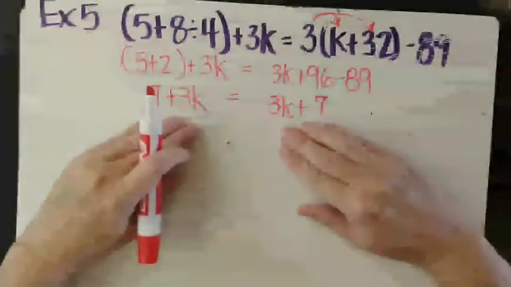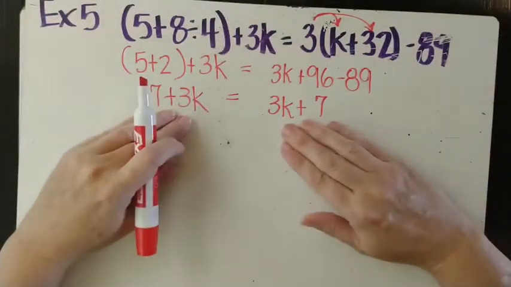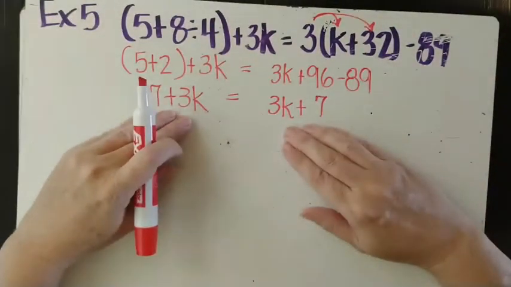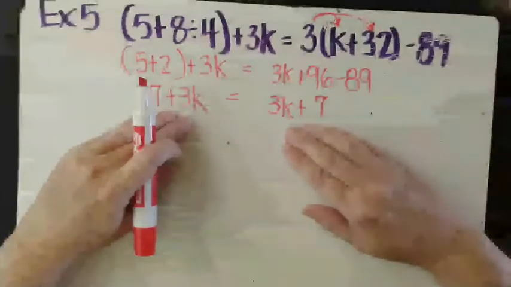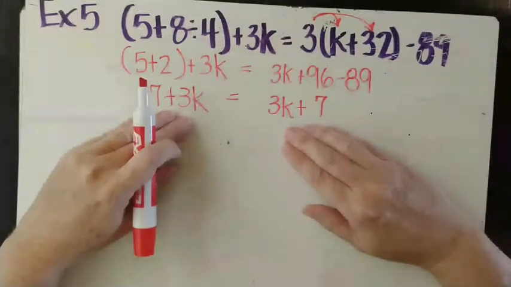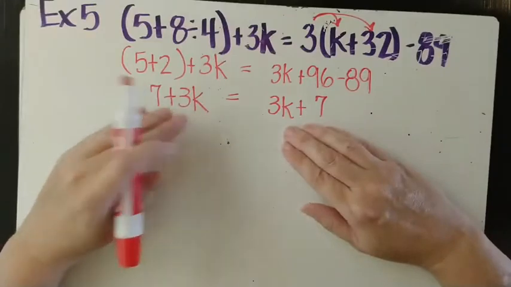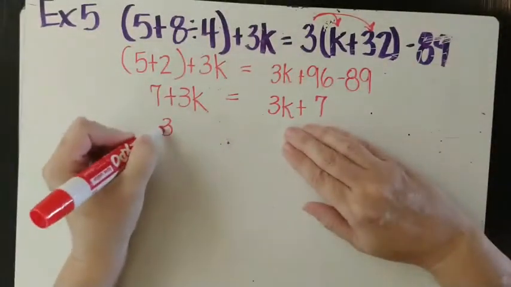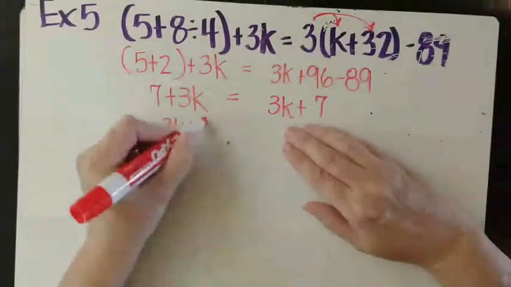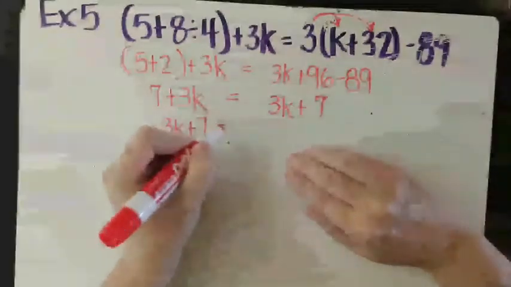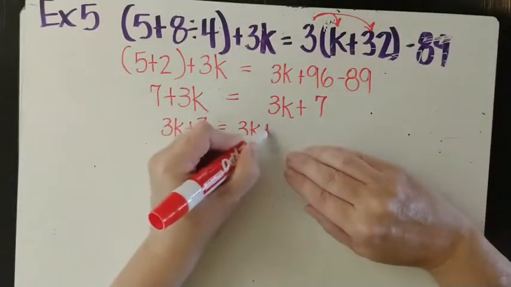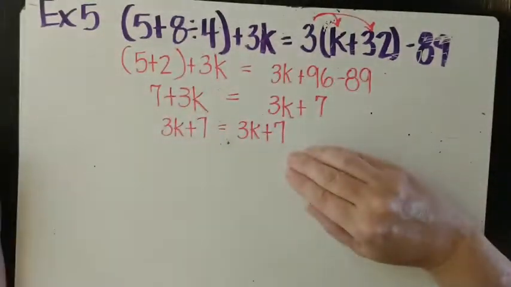Now we need to look and see, are these two equal to each other? Well, in addition, the commutative property says that we can switch around our terms and it would be the same. So if I switched around my terms on the left side, it would look exactly like what I have on the right side.